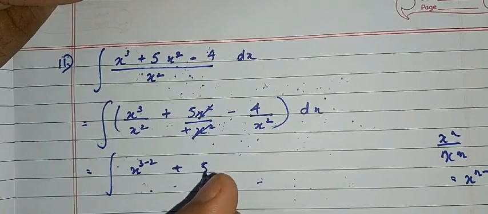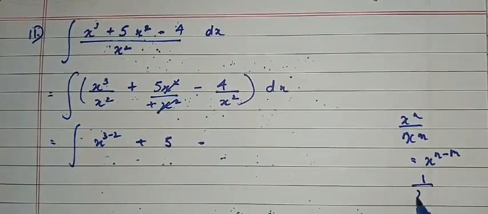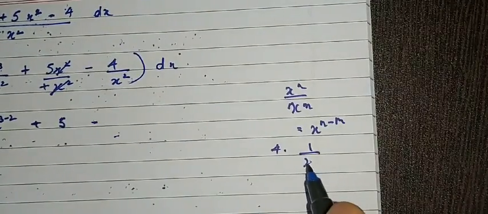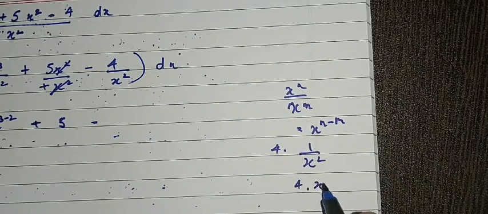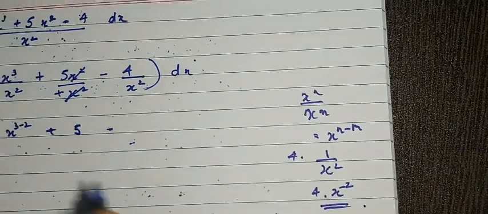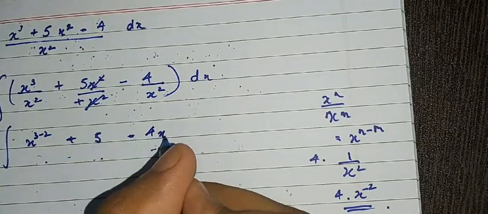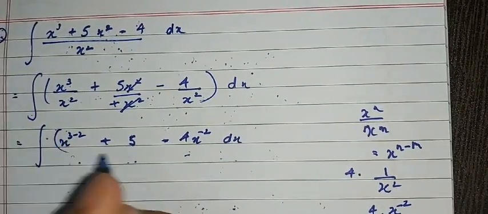So here it is 4 into 1 by x raised to 2. So we can write it as 4 into x raised to minus 2. It is in the denominator, so we bring it to the numerator by adding a negative sign to the power. So minus 4x raised to minus 2, dx.